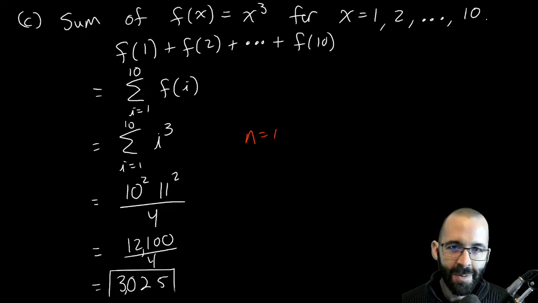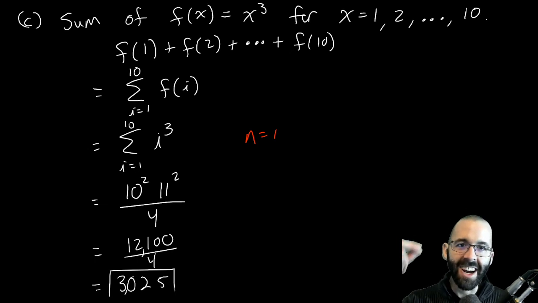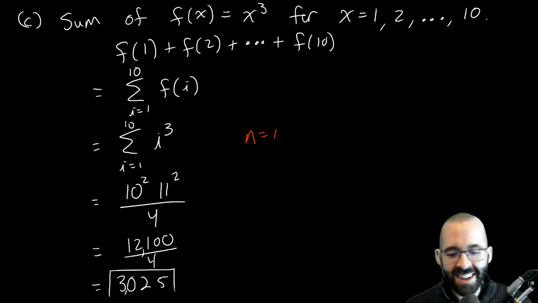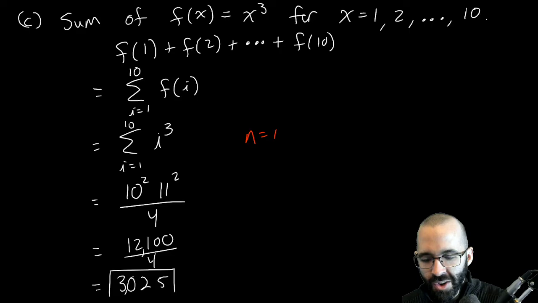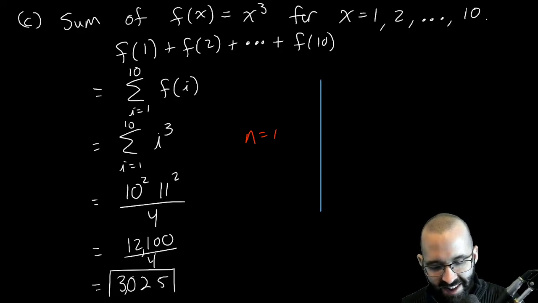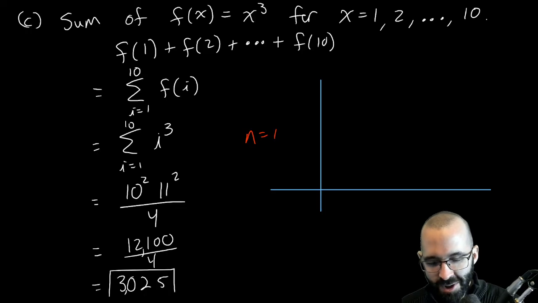So here's the time for the big reveal. I just tricked you guys. Look at what we just did. We're looking at a function. I've betrayed your trust. The cubic function, right? This cubic function looks like this.